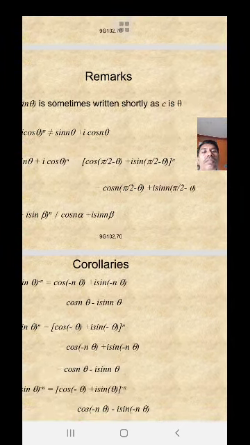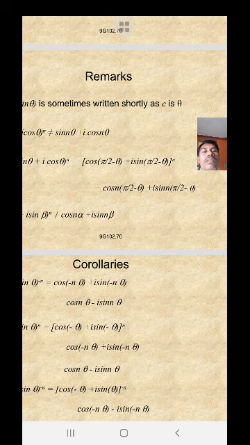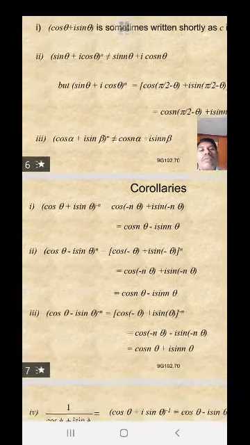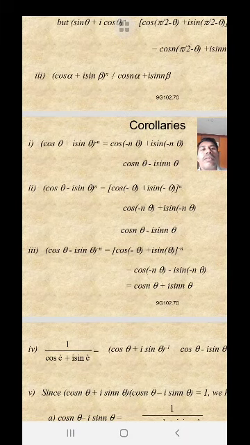That equals cos n into pi by 2 minus theta plus i sin n into pi by 2 minus theta. Third point, cos alpha plus i sin beta whole power n is not equal to cos n alpha plus i sin n beta.